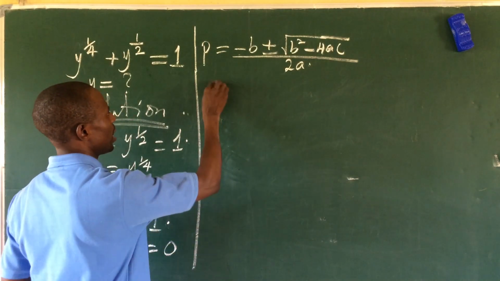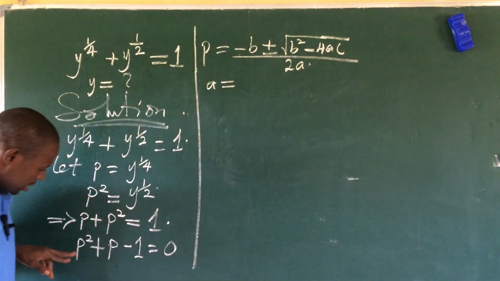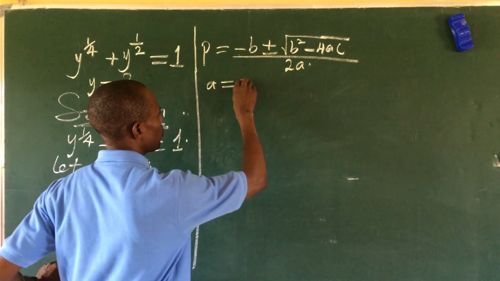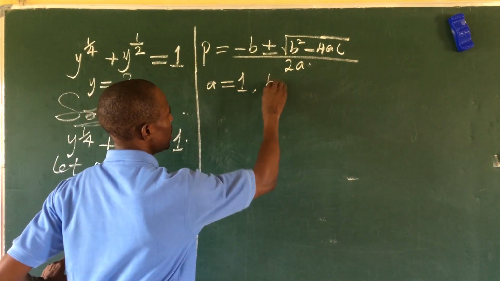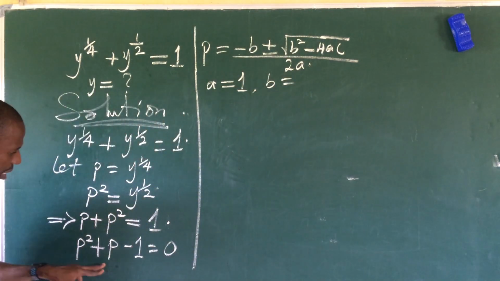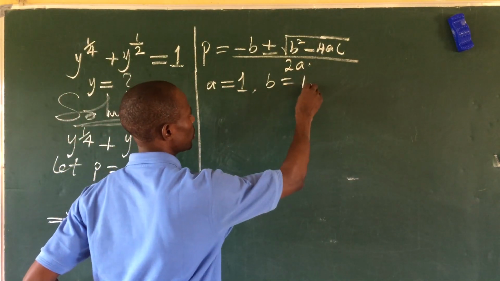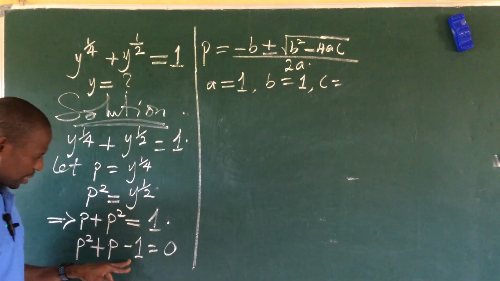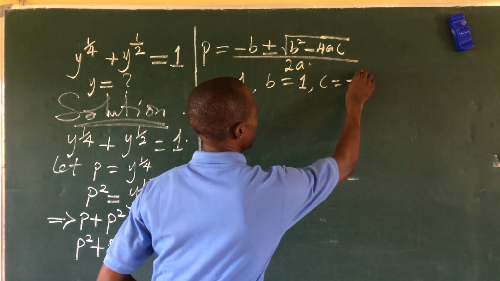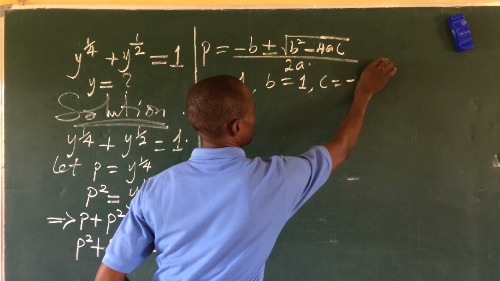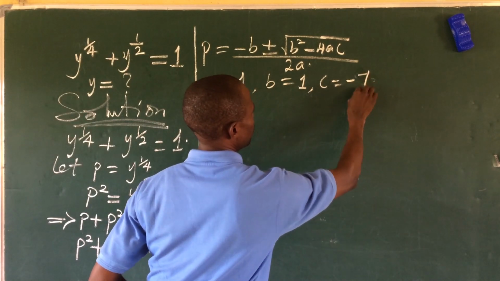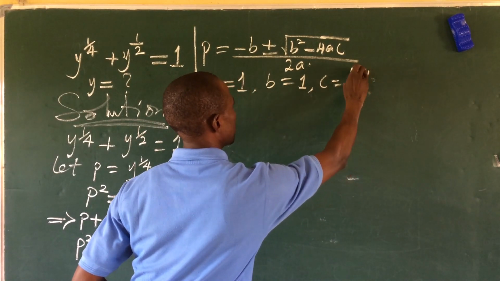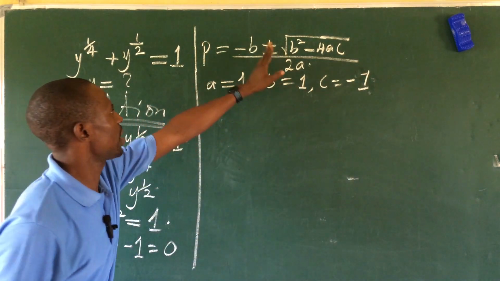From here, a is the coefficient of p squared, which is 1. And then b is the coefficient of p, which is plus 1. And c is the constant, which is minus 1. All right, so let's go ahead and substitute.